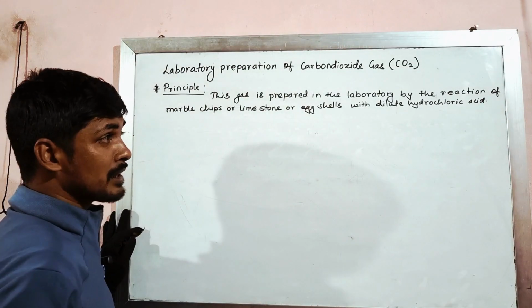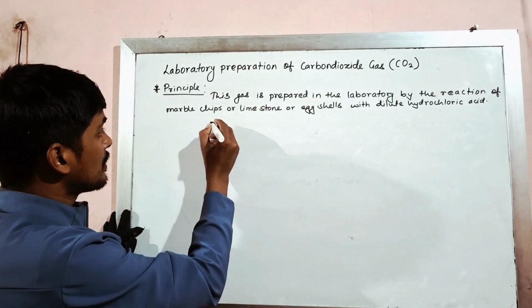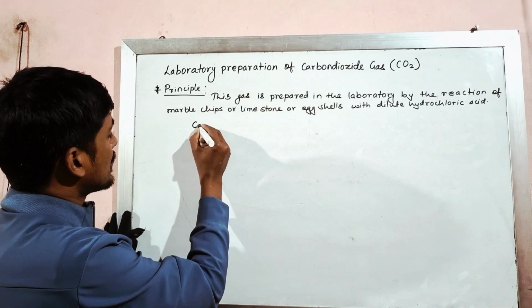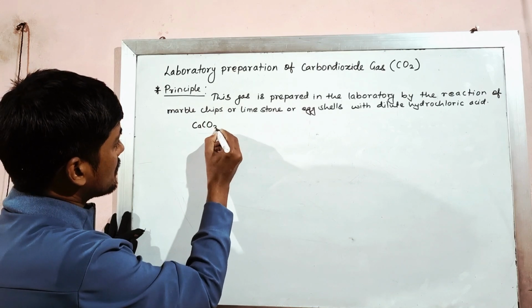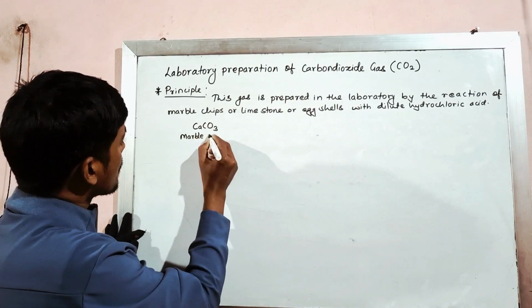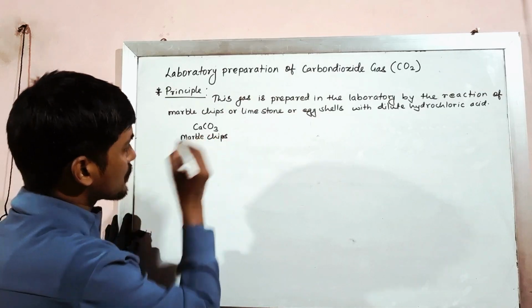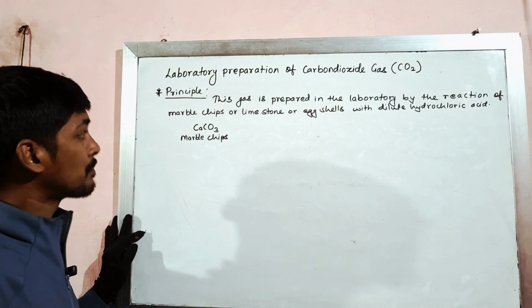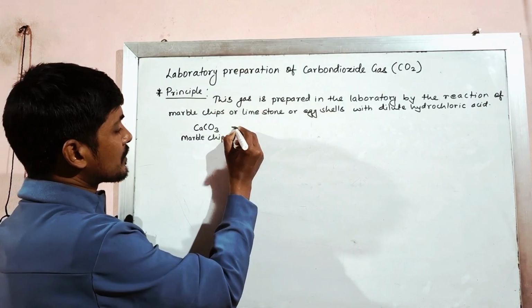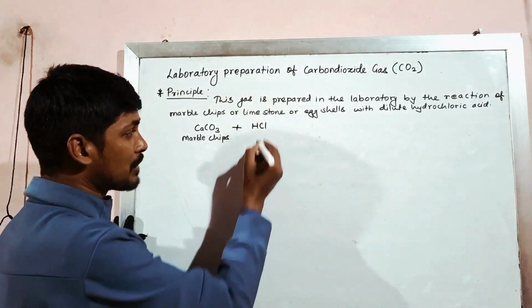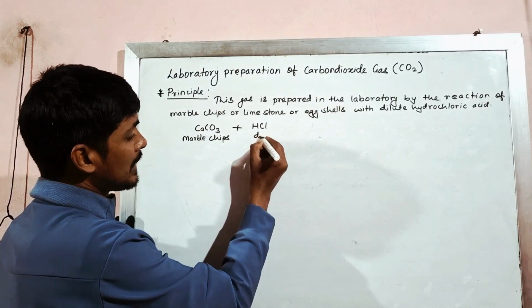The reaction involved in this process is: the formula of marble chips, or limestone, is CaCO3, which we can also call calcium carbonate. It reacts with dilute hydrochloric acid, whose formula is HCl.